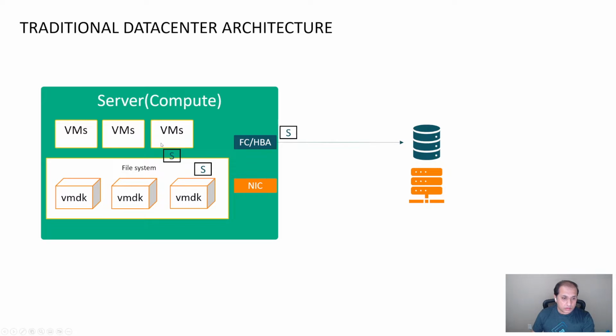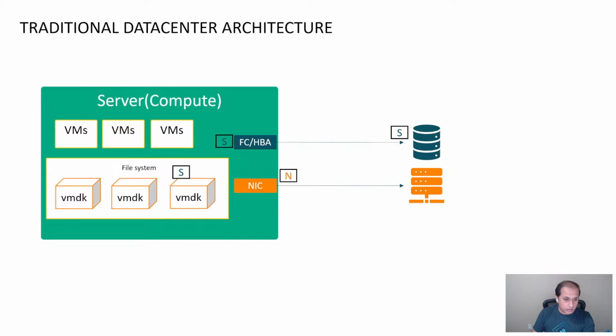This storage will have its own file system where you can install your OS, in this case the ESXi hypervisor, and you can create VMs to run your applications, installing an operating system and also your applications. When you write data, it is written virtually to a VMDK file, and this data is sent to the fiber channel HBA, which in turn sends it to the external storage array.